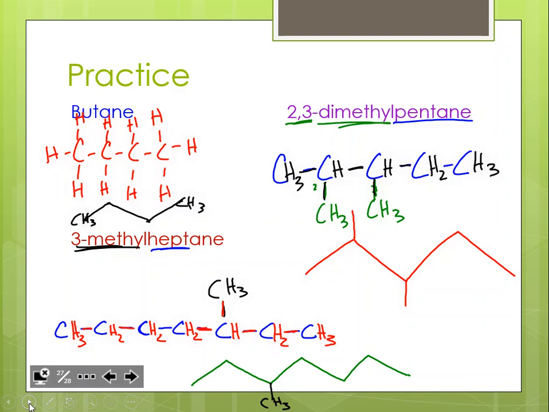And if you don't like that, you could still add the CH3s here if you think that looks better. You could add them on the ends. It really doesn't matter. If you Google organic compounds, you're going to see lots of different variations in the way that they show the structure.